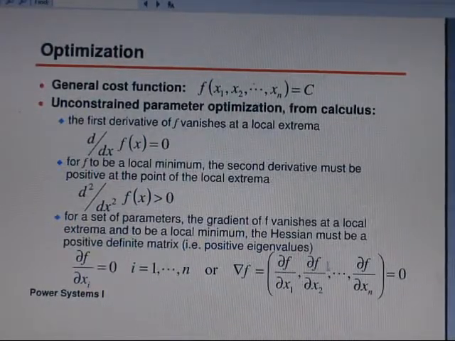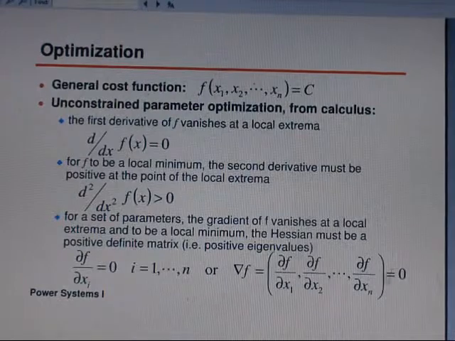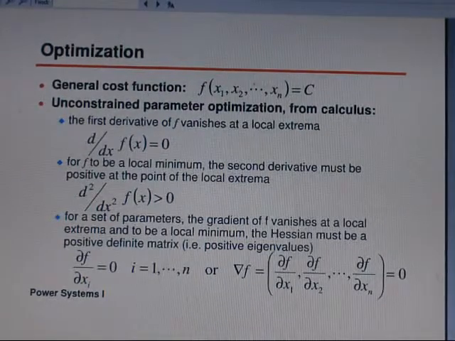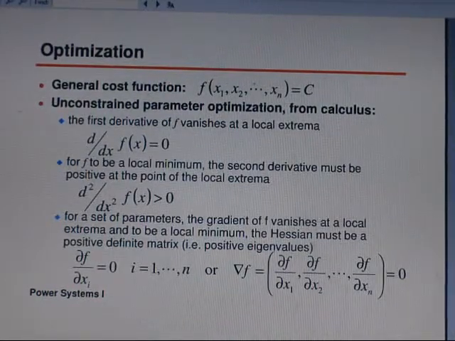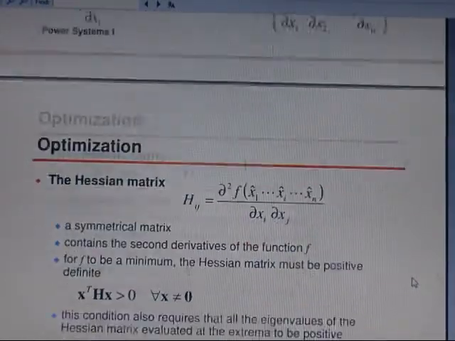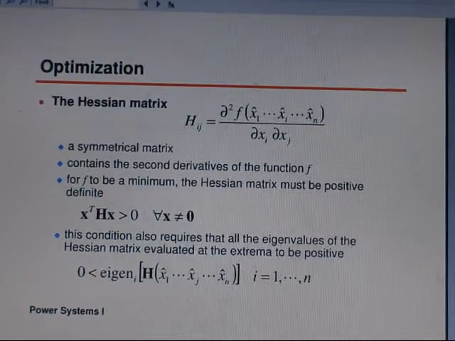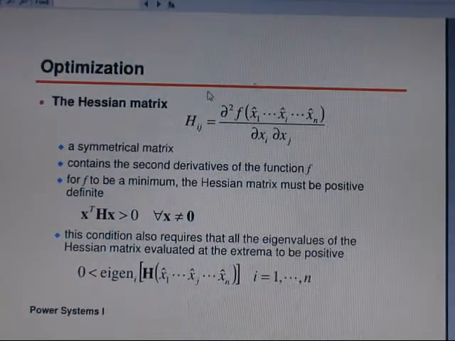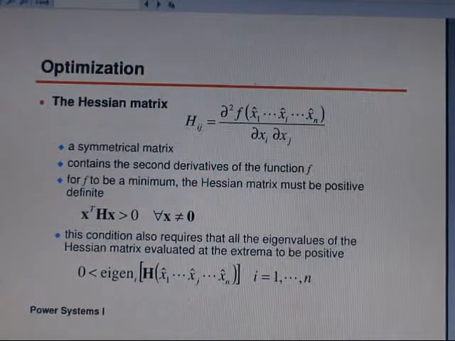So in this case, we had to utilize the Hessian matrix. The Hessian matrix is H_ij, the second partial derivative of f with respect to h_i and h_j. This contains the second derivatives of the function.